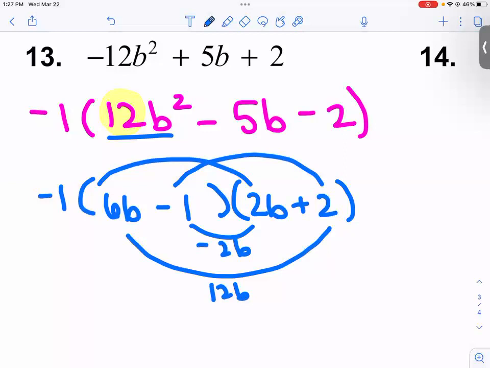No. Well, I can't trade out the 1 and 2 anymore. So the 6 and 2. Ah, so we need to, instead of 6 and 2, Peyton, what do you want to use? 3, 4. Let's try 3b and 4b.